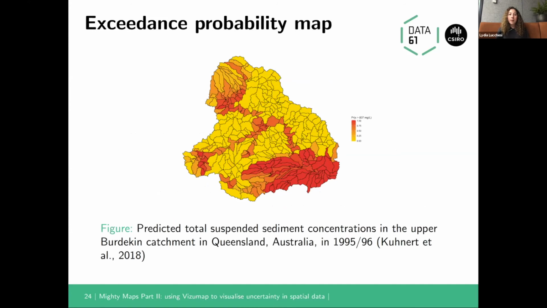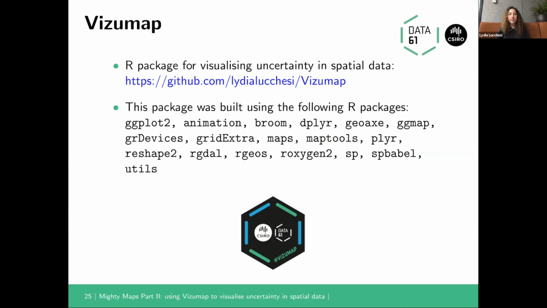In this map, I'm plotting the predicted total suspended sediment concentrations in the upper Burdekin Catchment in Queensland, Australia. And this will be the example, or the data that I use moving forward for the Vizumap demonstration. So you can download Vizumap from GitHub.